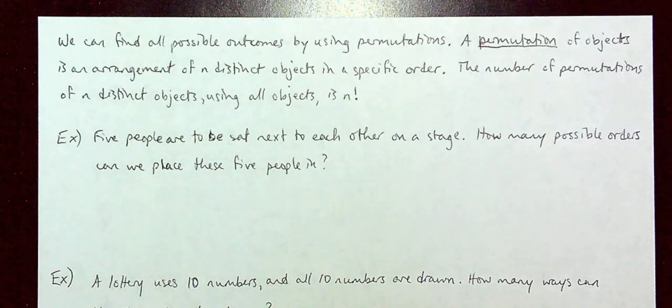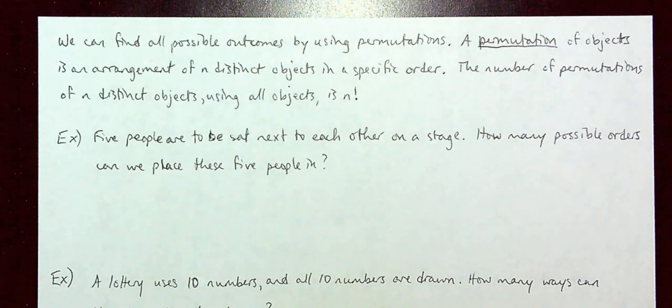I'm going to emphasize here that with permutations, the order does matter. In the next section, we're going to talk about a similar calculation, but with that calculation, the order in which the terms are placed does not matter. So with permutations, the order in which they're placed does matter.